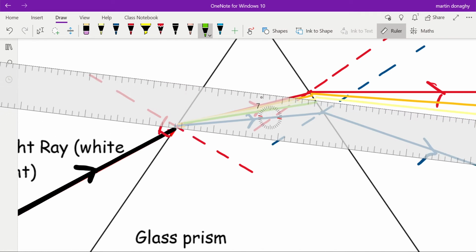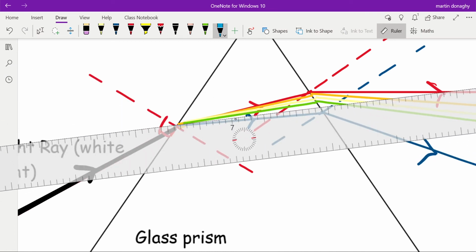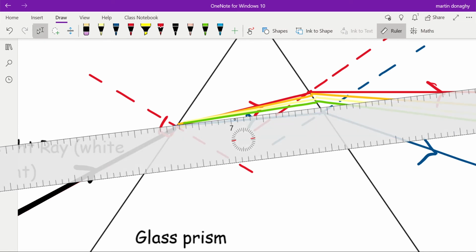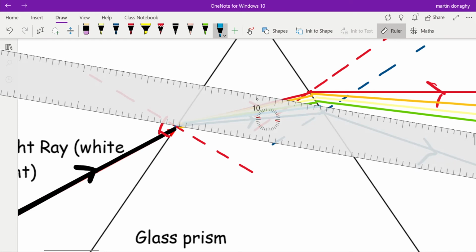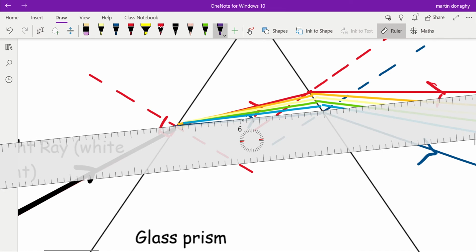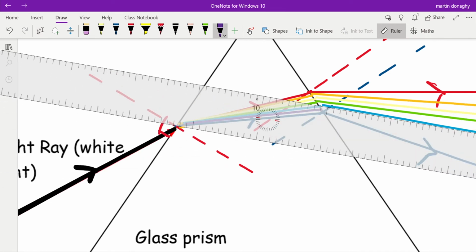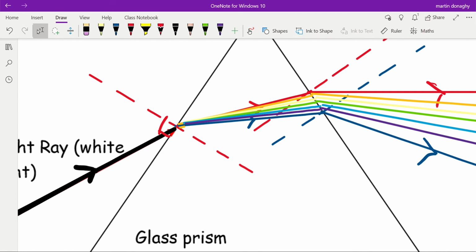And then we get the colors that I think just look the same, so it's hard to differentiate between them. But we'll go blue. Indigo. And we end up with light that spreads out like that.